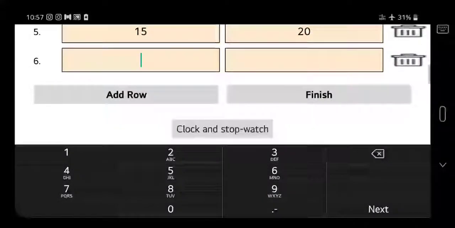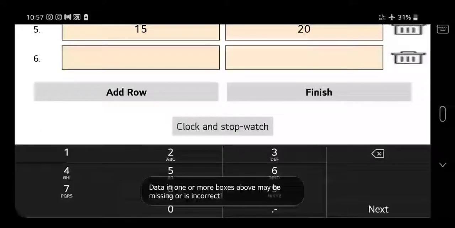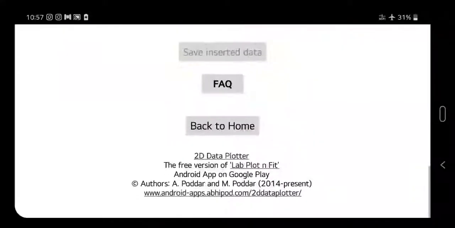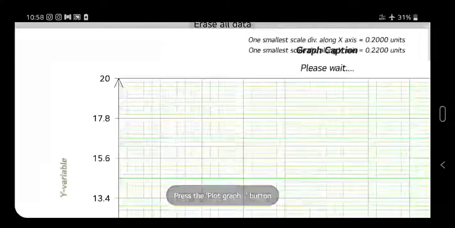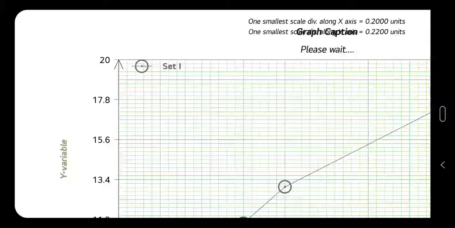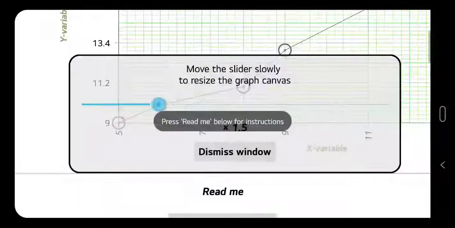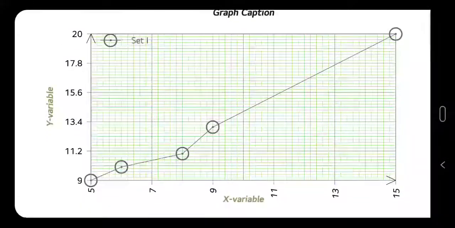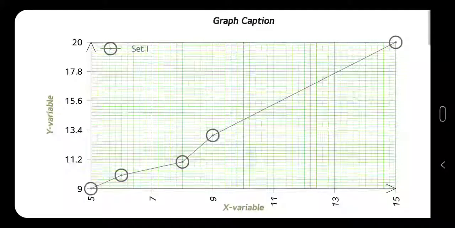Now I am done with it, so I can finish it and plot here. You can see that my data is plotted, and this is what a real graph looks like.